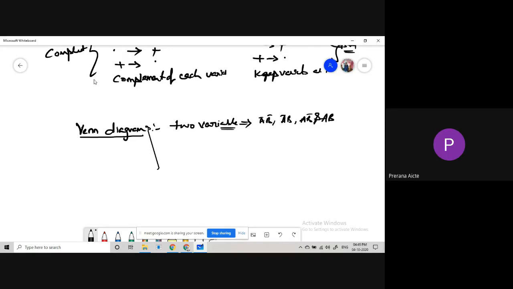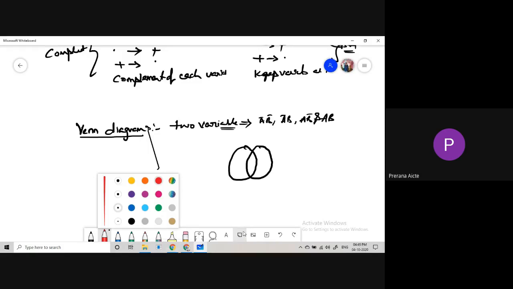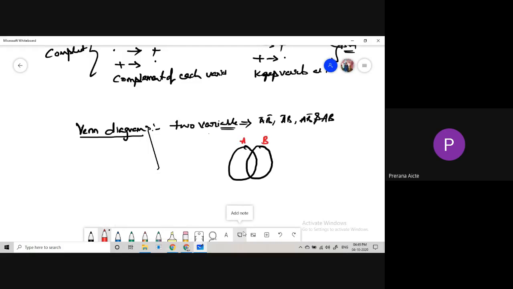For these, we are representing a Venn diagram. So that Venn diagram can be like this. If you are taking this one as A and this one as B, for this we are using one set, right? So A bar B bar in the sense of what is the value?